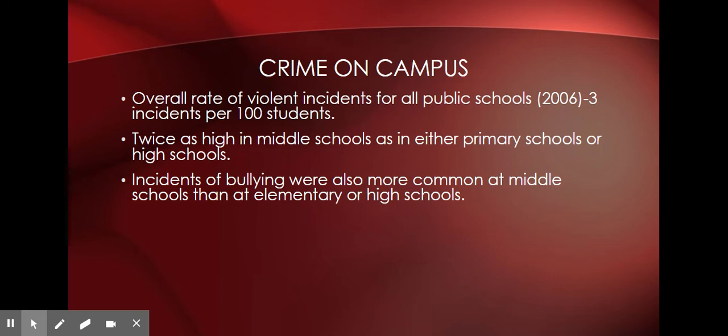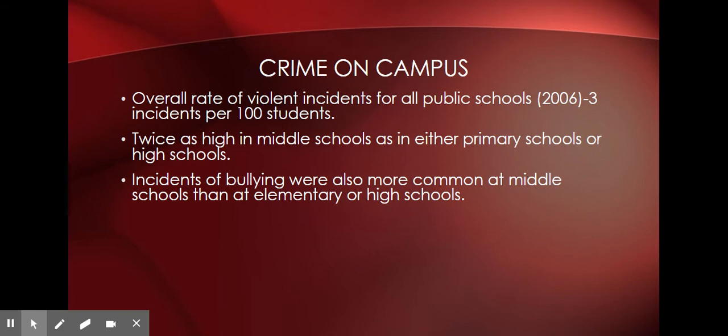And if we were in class, I would ask you, why do we have higher incidences of bullying and why do we have higher incidences of violent crime in middle schools as opposed to elementary schools and high schools? Well, the answer is biological. What are students in middle school going through? Puberty. They are trying to make sense of their place in the world. They are trying to find their place in the world to begin with. Okay, and you've got all these hormones going through, and it is a very, very confusing time for some people.